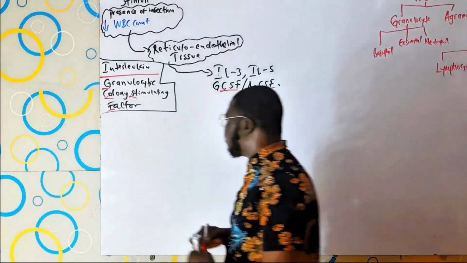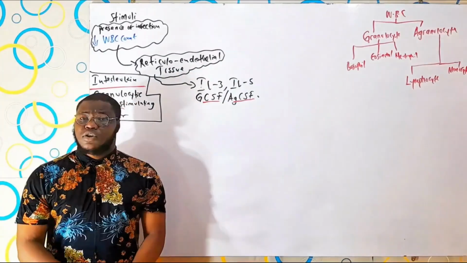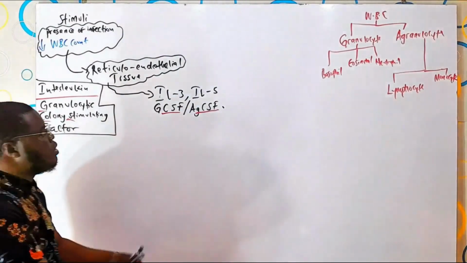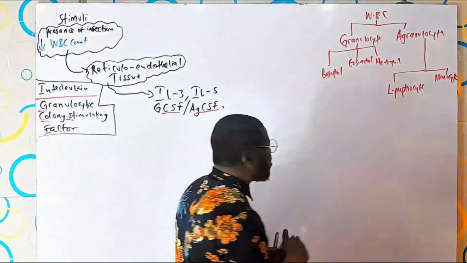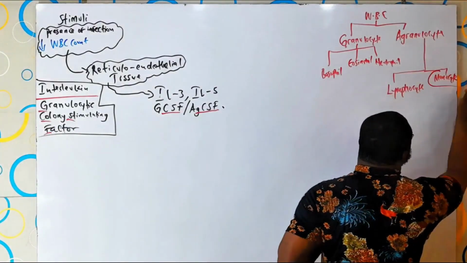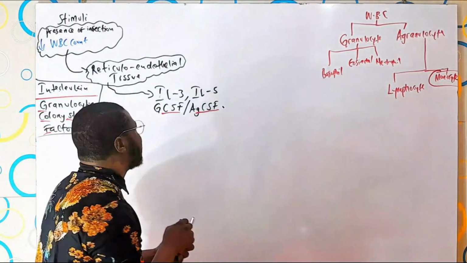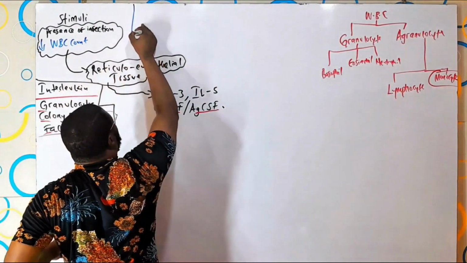Cool. Now, after that, what do we have? And why are we doing that? You will get it soon enough. Now, the point is that, you see, let's assume that we want to create monocyte. Firstly, I want to always put these steps at the back of your mind. And what are these steps? That is what we have right here.